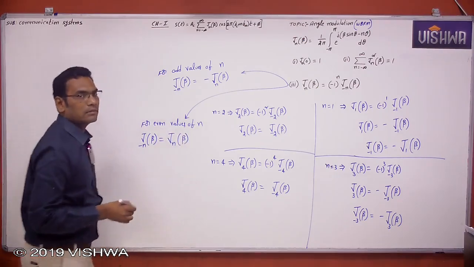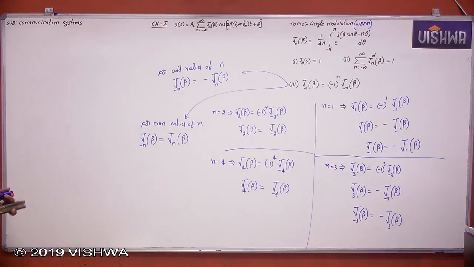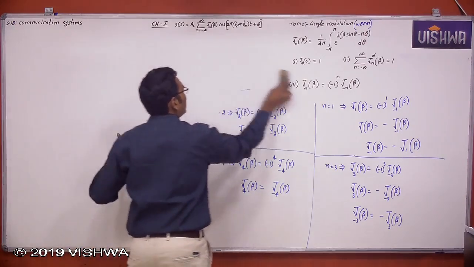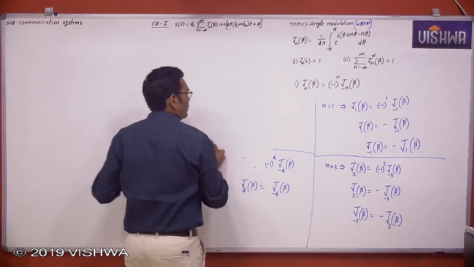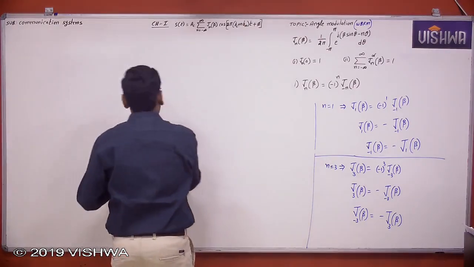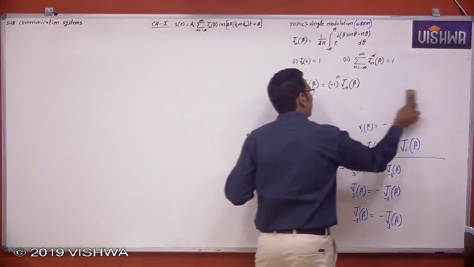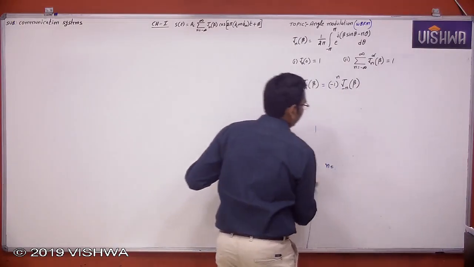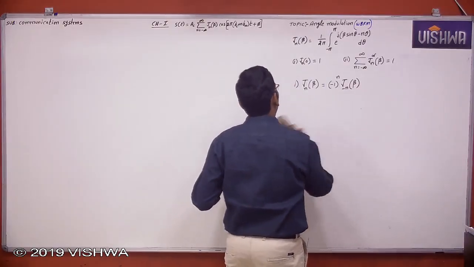Okay, note this. These are the properties of this Bessel function. You can use all these properties while you are studying the operation of spectral analysis, because now we need to find the bandwidth and power calculations.